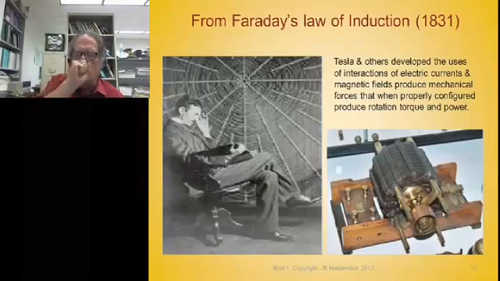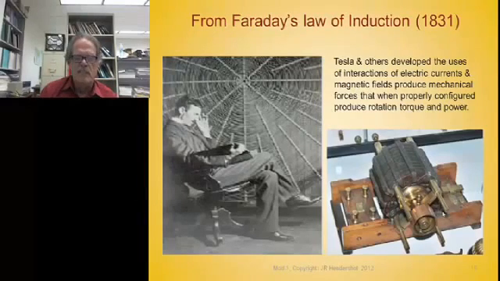Faraday and Tesla are two of the most famous and the most important contributors to this technology, as we all well know. And here's a photograph of one of the early motor samples that is in that museum.